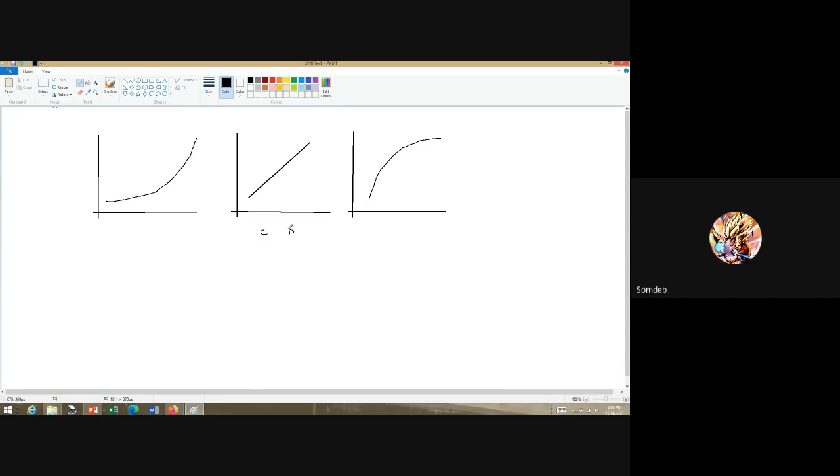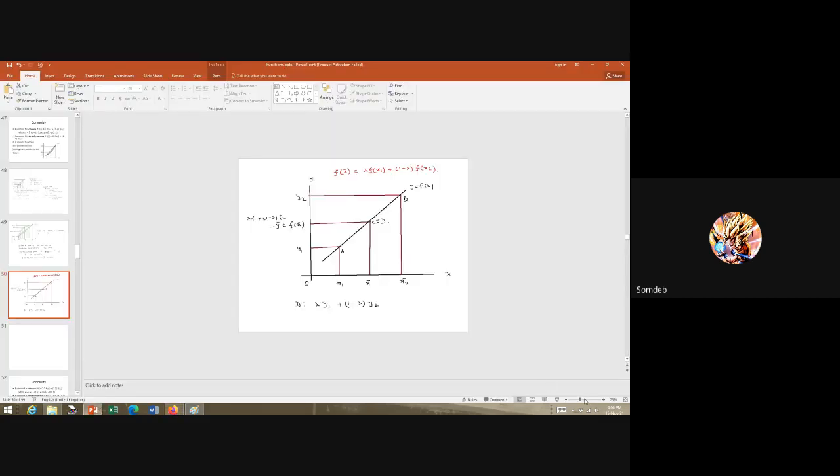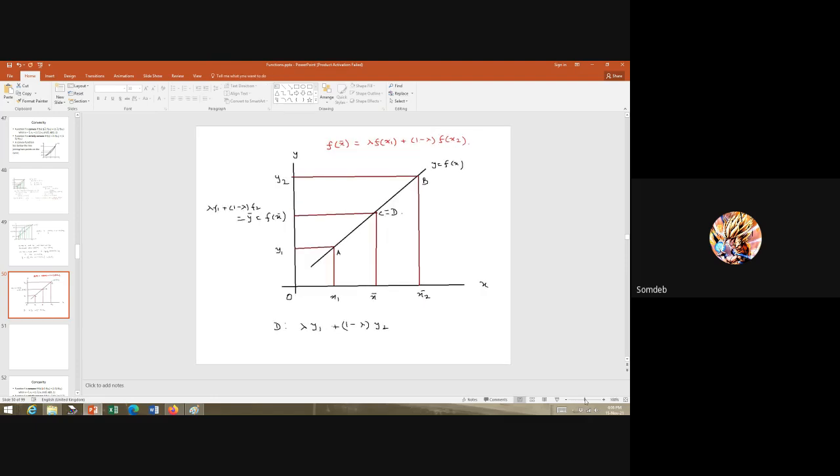Can you please show this graph at the C equal to D graph, because I could not write down everything, the equations. Yes, thank you, sir. This line will be x1, this will be x bar, this is just x2.